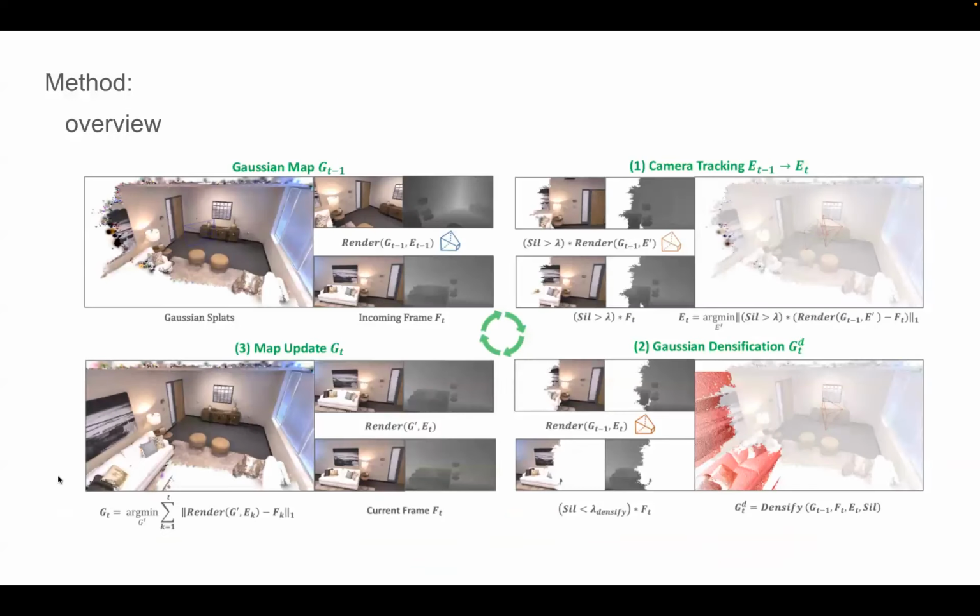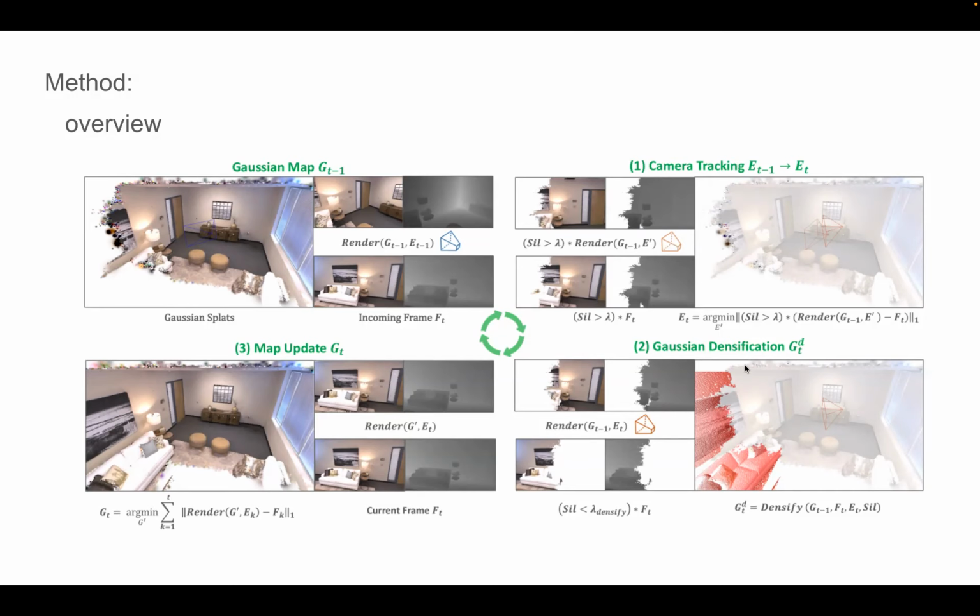The overview of the method is that they have 3 stages. Their preferred way of representing scenes is Gaussian splats. At each time step t-1, think that you already have a Gaussian splatting reconstruction of a part of the scene and you get a new frame with its RGB and depth. You do 3 steps to update your scene. First, you have to understand the camera parameters of the incoming frame, so they estimate the camera parameters.